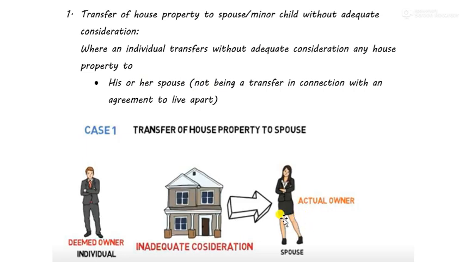The sale value of the house property was around 50 lakhs. If Mr. A would sell it to someone else, he would get around 50 lakhs. But he sold the house property to his wife only for 5 lakhs. So that becomes inadequate consideration.